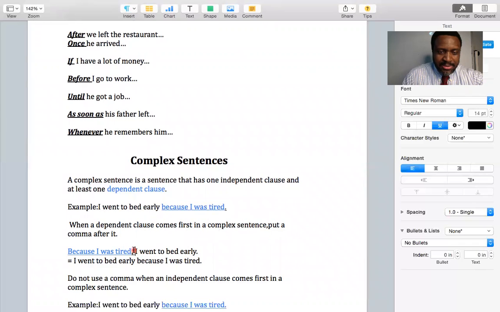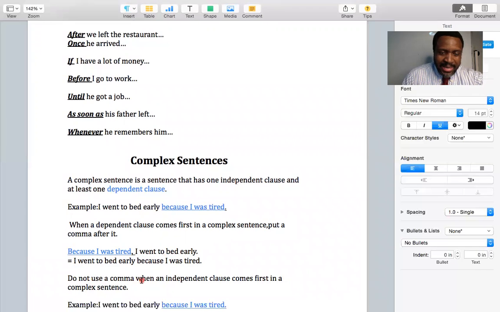Can you notice the comma here? I went to bed early. I went to bed early because I was tired. There is no comma here. Why? That's what I'm trying to talk about. When a dependent clause comes first, we put a comma after it.